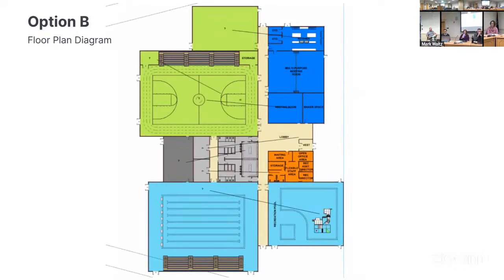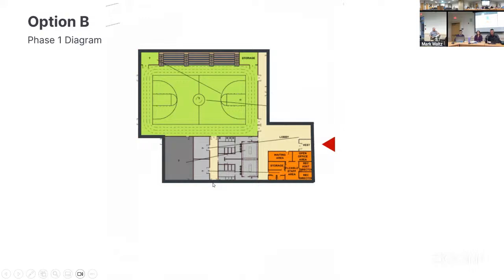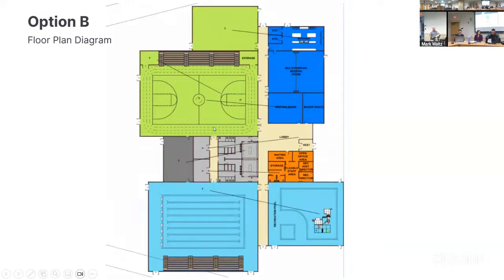And so this is just another way of organizing things, where you've got a common corridor so that you could use that space to connect back and forth.